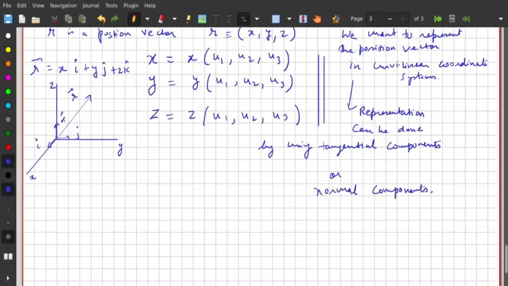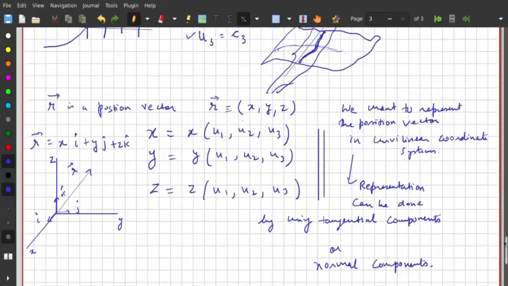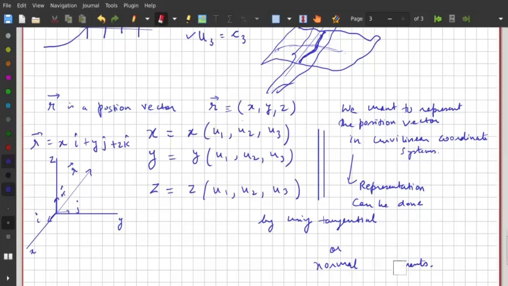So whenever we represent a vector in these curvilinear coordinates in terms of the tangential basis, or normal basis, instead of components, let's write basis. Okay.